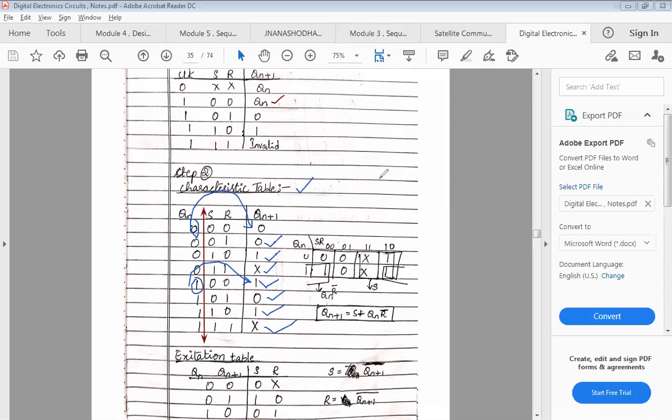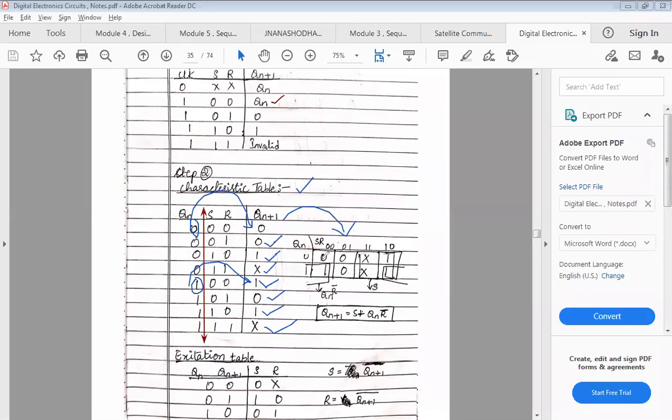Now, once you have this, getting a characteristic equation is very easy. You will just take these values and put them in the K-map. So this is your 0, 1, 2, 3, 4, 5, 6, 7.